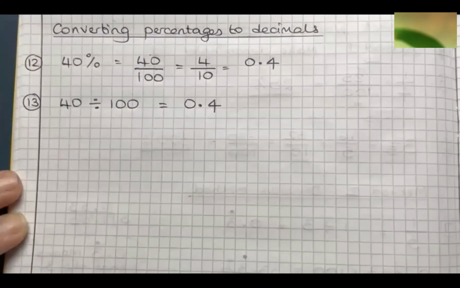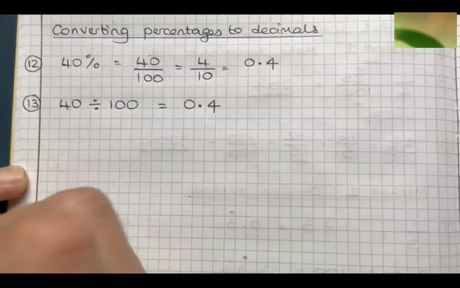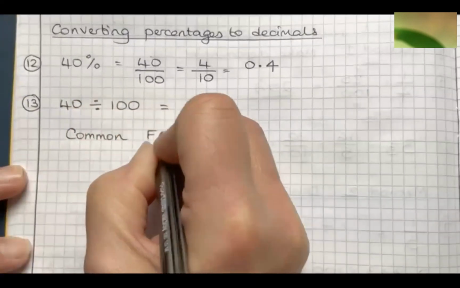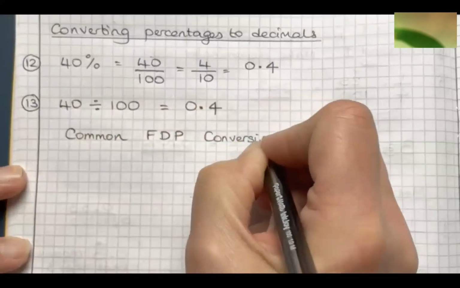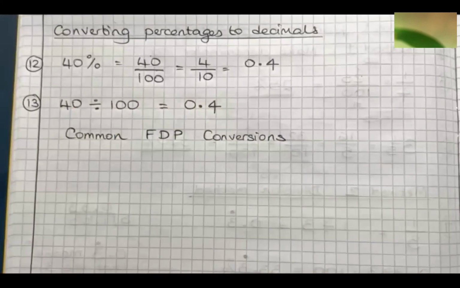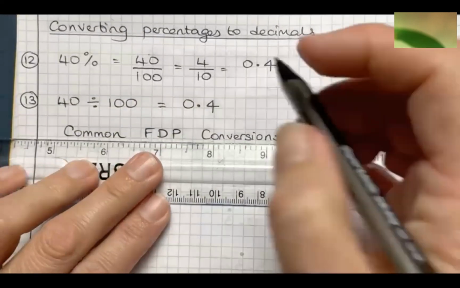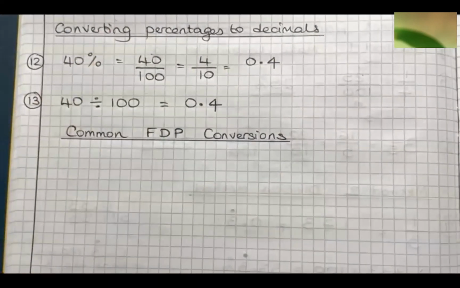The last thing I want to do in this video is just mention a few common FDP, fraction, decimal, and percentage conversions. And I would say the more of these that you can memorize, the easier you're going to make your life, because it means for a number of questions, you'll just know what the conversion is.